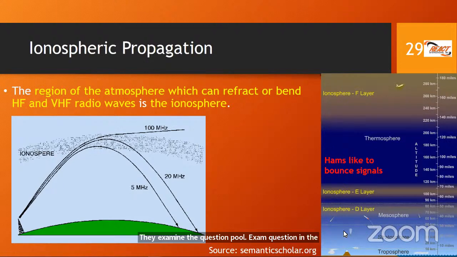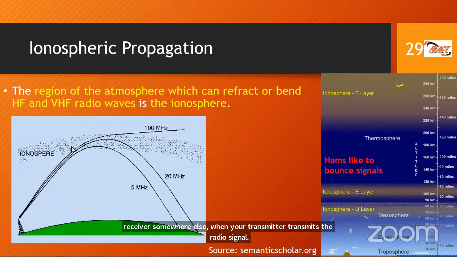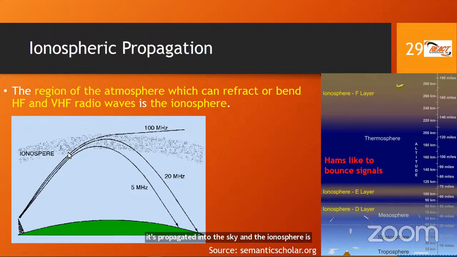Our diagram on the right-hand side, you've seen that several times before, so it's just there as a reference, but we're introducing this diagram to show that if you have a transmitter and you have a receiver somewhere else, when your transmitter transmits the radio signal, it's propagated into the sky, and the ionosphere is what will cause that signal to bounce off and come back down to Earth. It's reflected, really, we use the term refracted and bent back down to Earth.